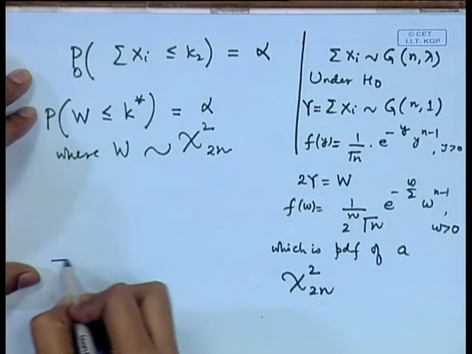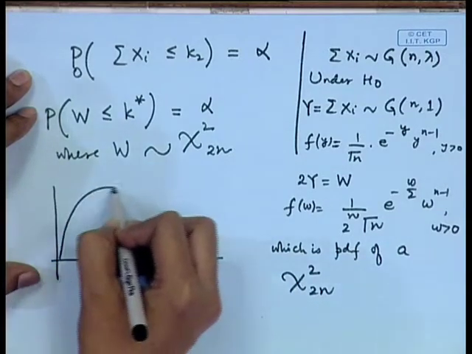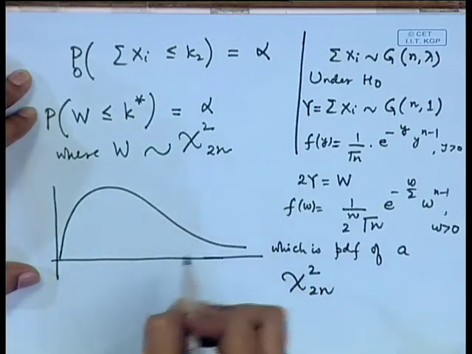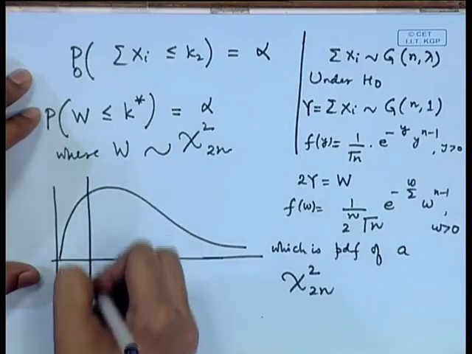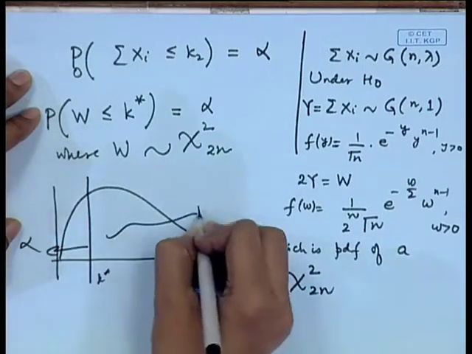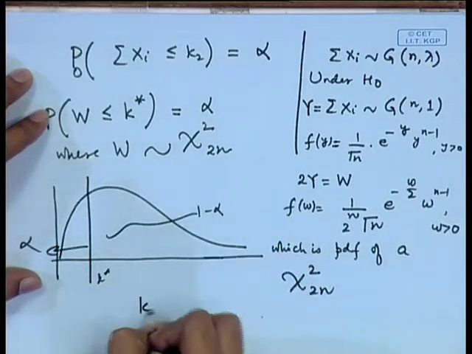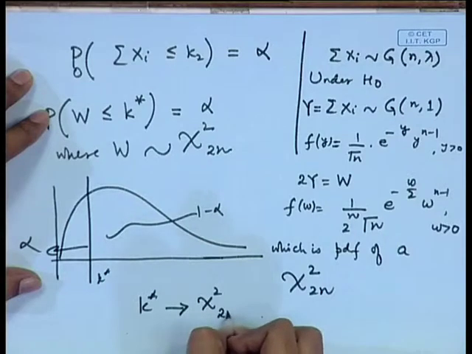So, this point that you are having here is such that this probability is equal to alpha and this probability is 1 minus alpha. So, k star naturally turns out to be chi square 2n 1 minus alpha.